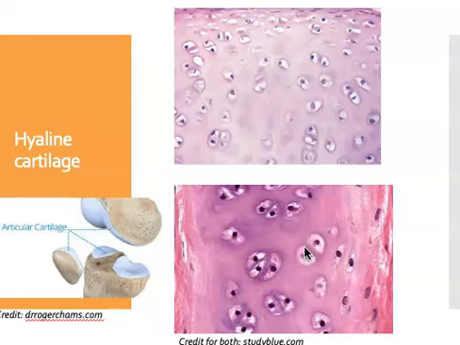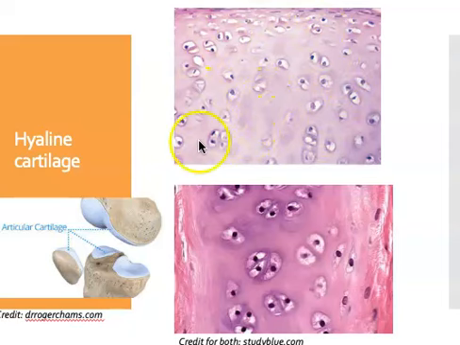If you look at the material that surrounds the lacunae in these two images, it has a very unique, very smooth appearance. This is what they refer to as a glassy appearance. You don't see any fibers stretching through this extracellular matrix material. It looks very smooth.